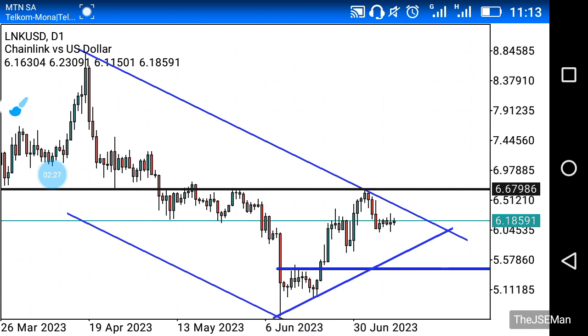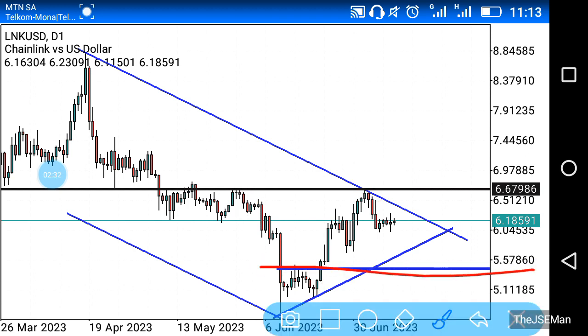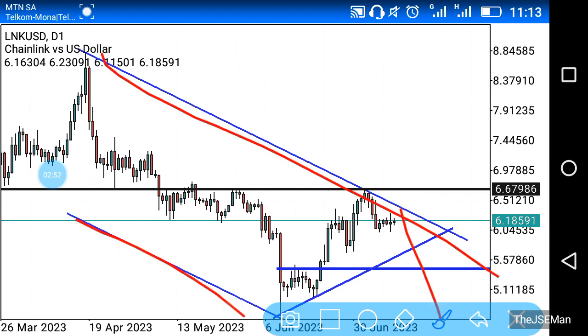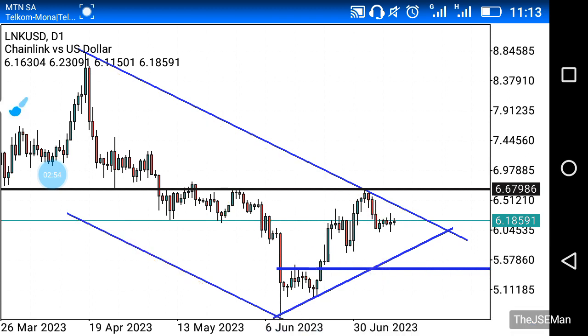However, the most important thing is this level over here, and that is because that level was the neckline of the W structure, and is also now a very strong level of support at this point in time. So as much as I'm saying that we have at this level a head and shoulders pattern, and that the anticipation also is for the market to move further down, because we are indeed in a downward trending market after all.